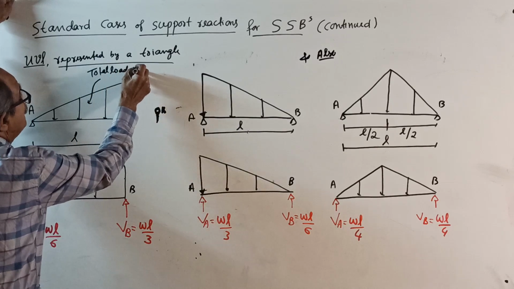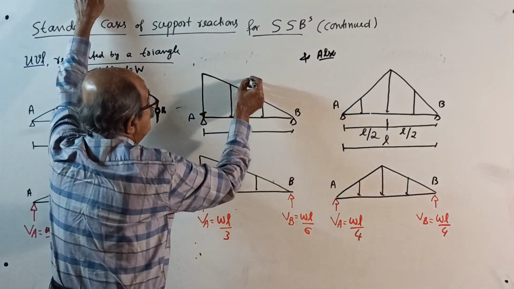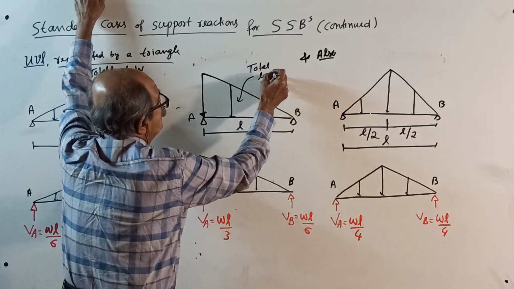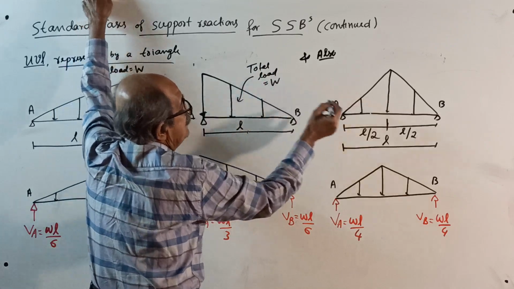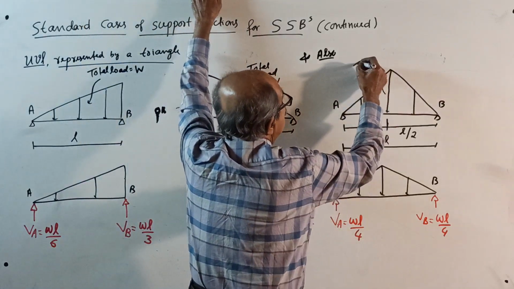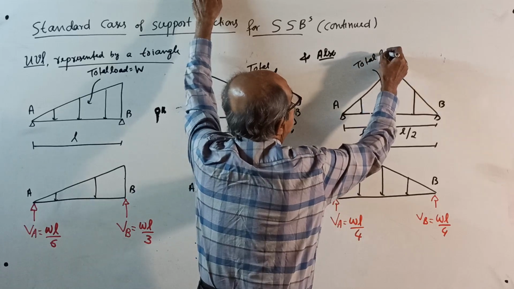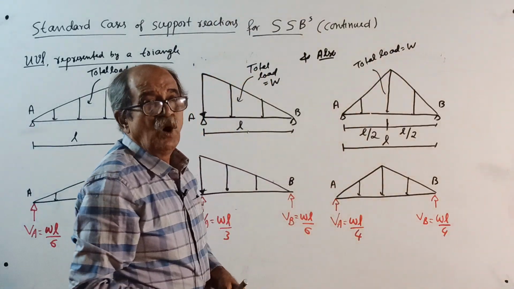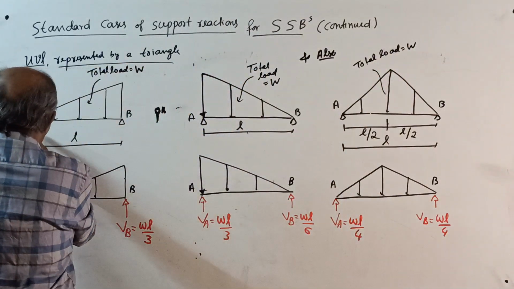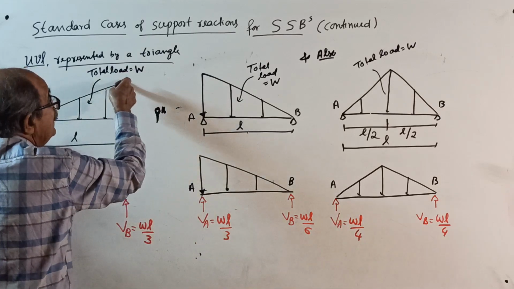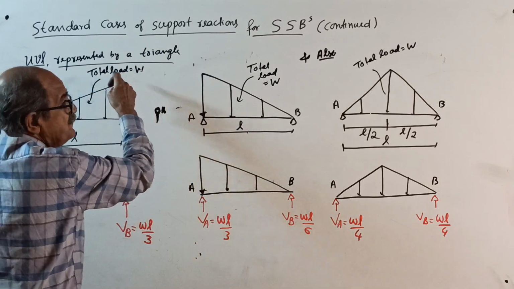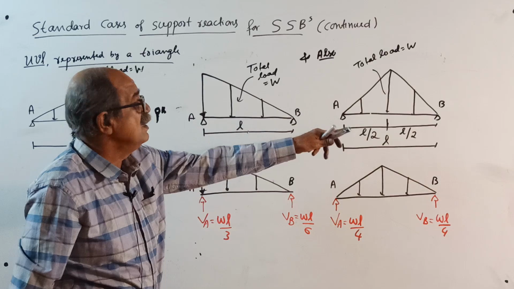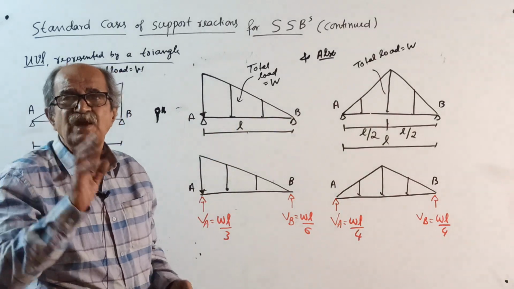Sometimes it happens in examinations: capital W, total load is W, here also this complete total load is W. In that case, if you want intensity, what should you do? Half into L into intensity equals W. This intensity will come as 2 times capital W divided by L in all the three cases. That's all I explain. Or you try.